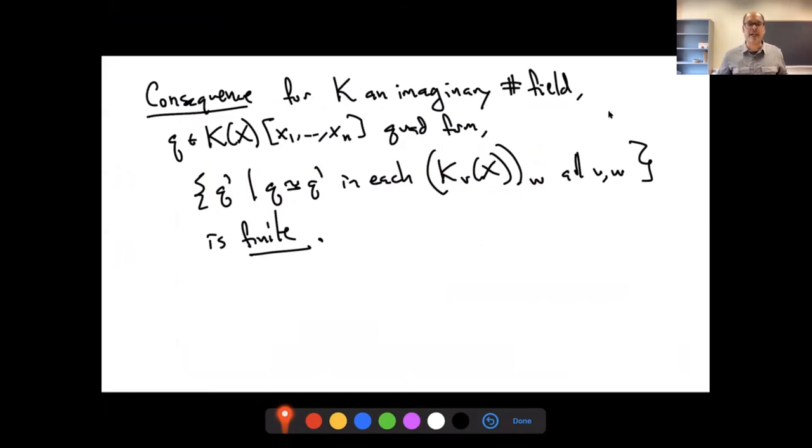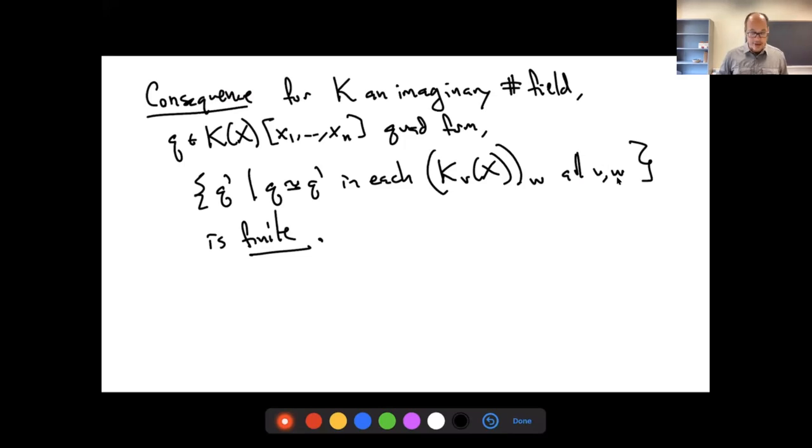So there are only finitely many other quadratic forms that will have this property. On the one hand, part of this finiteness is due to the Tate-Shafarevich group, and part of it is due to some other invariants from my work with Harbater and Hartmann.